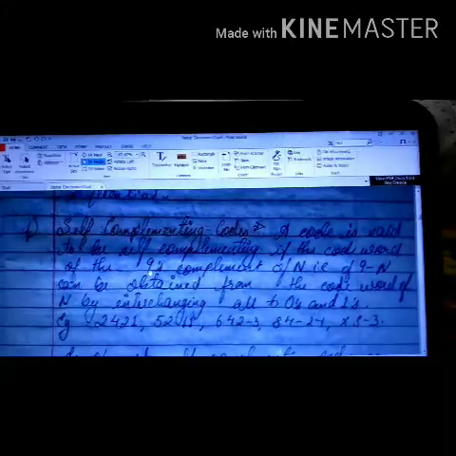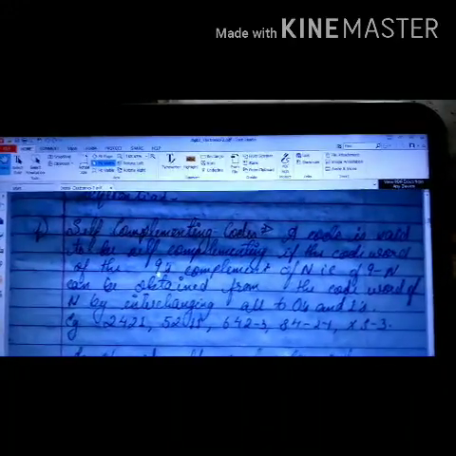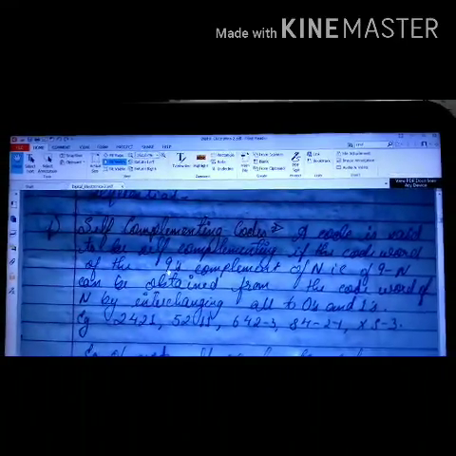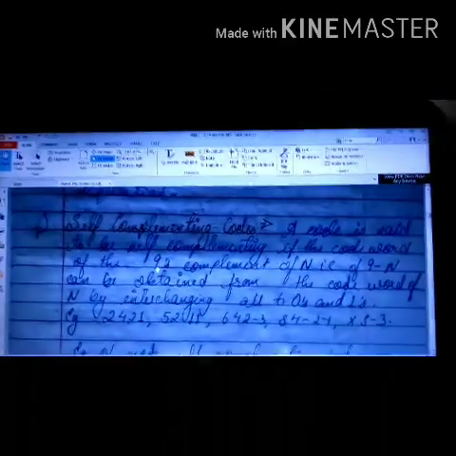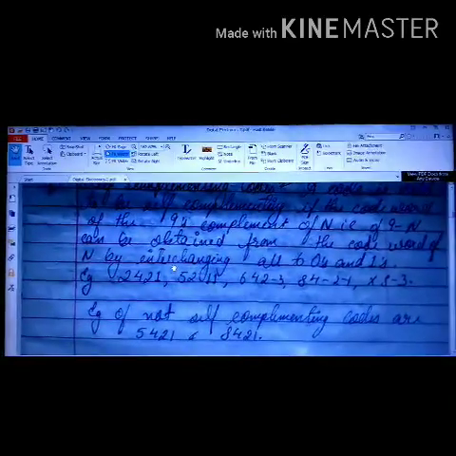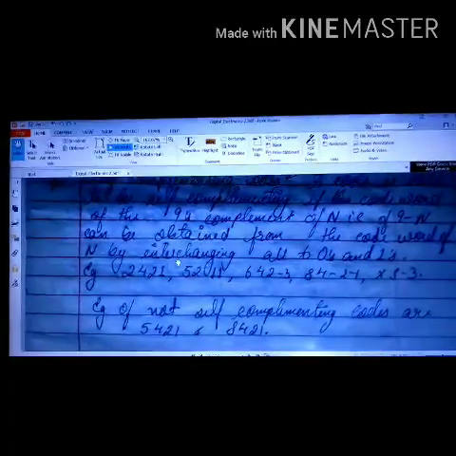Examples of such codes are 2421, 5211, 642-3 and so on.